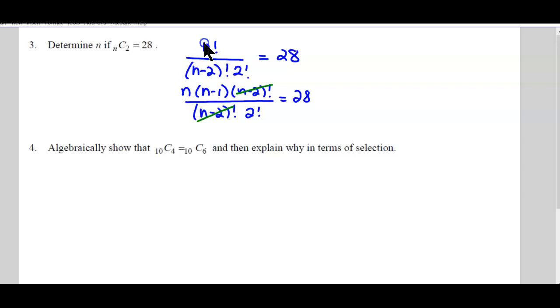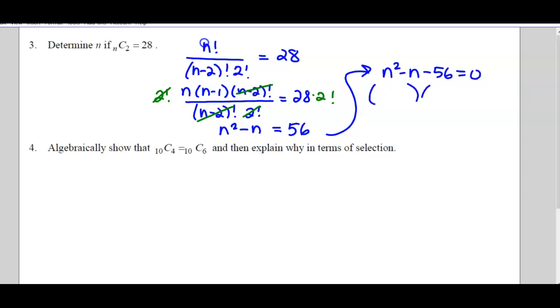Then you could also multiply through by 2 factorial. 2 factorial is 2. Those divide out. And so then we get, expand the numerator, n squared minus n equals, that's going to be what, 56? And you can factor that.